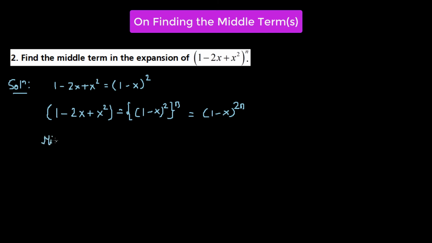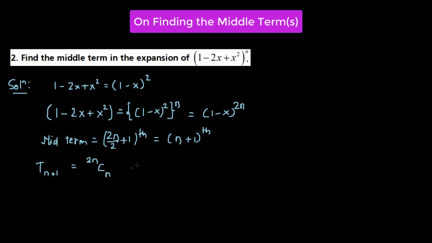So the middle term is going to be the (2n over 2 plus 1)th term, which is the (n plus 1)th term. So let's find the value of t(n+1), which equals 2nCn.